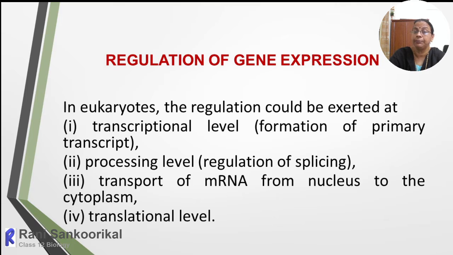Then the final one is the actual protein synthesis, where the expression of the gene results in protein within the cytoplasm with the help of ribosomes, tRNA, mRNA, and so on. That process is called translation. Even in the translation step, regulation is possible.